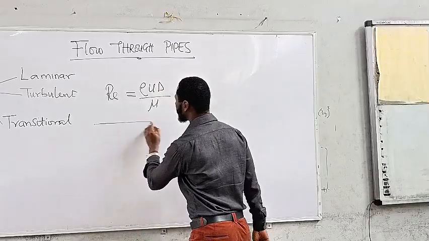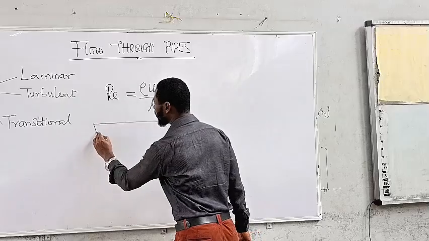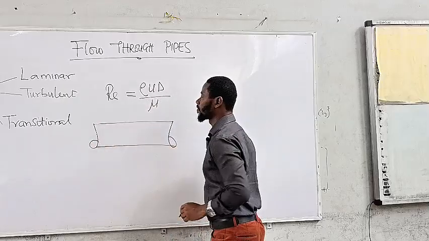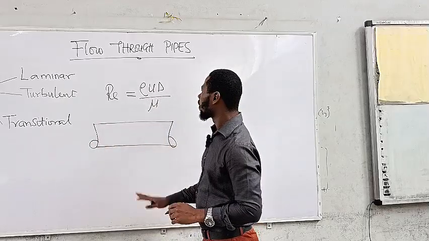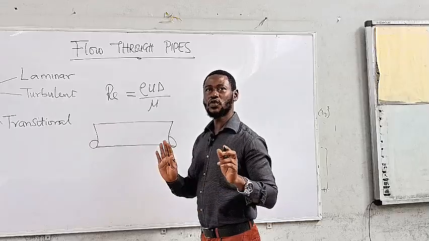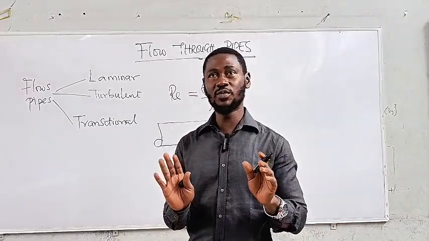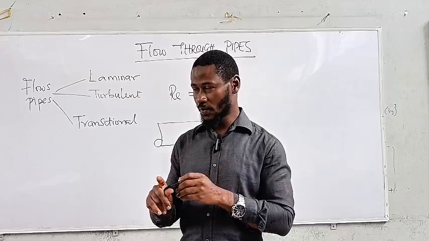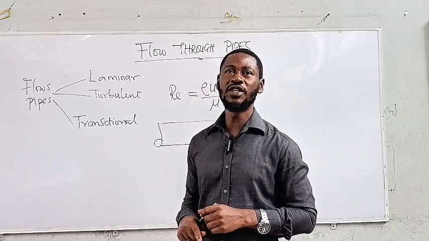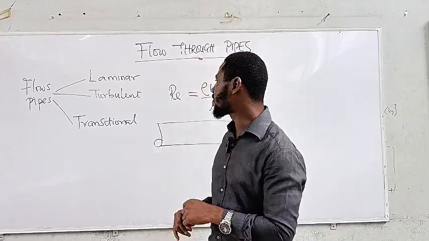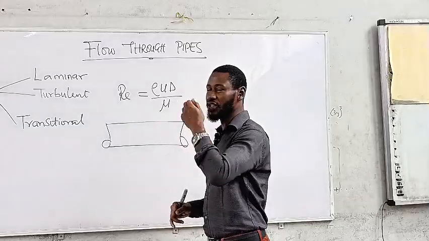Now let's take a simple schematic in illustrating this. We have two types of flow when we are analyzing: compressible and incompressible flow. A compressible flow occurs when the density changes.